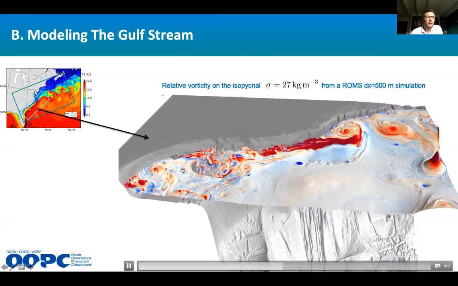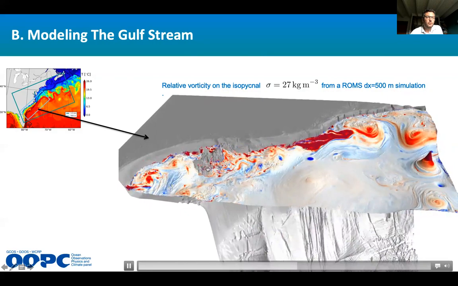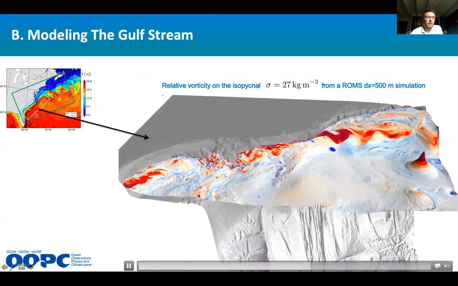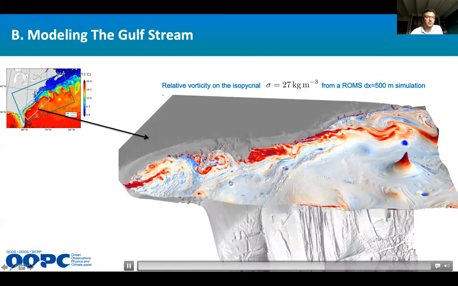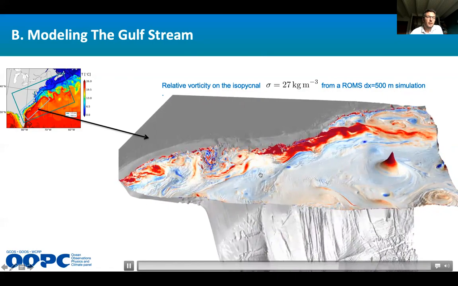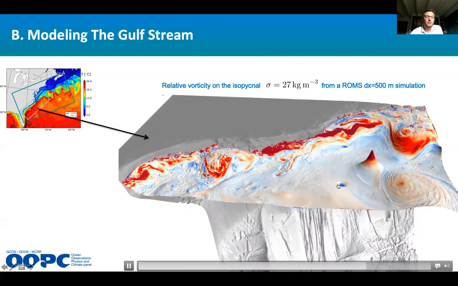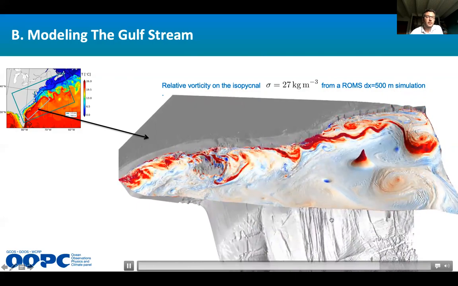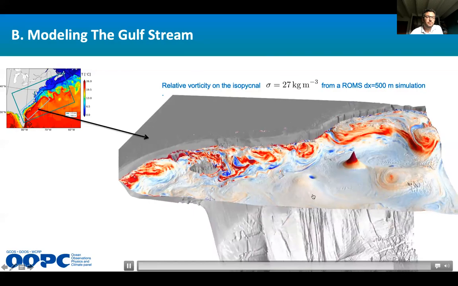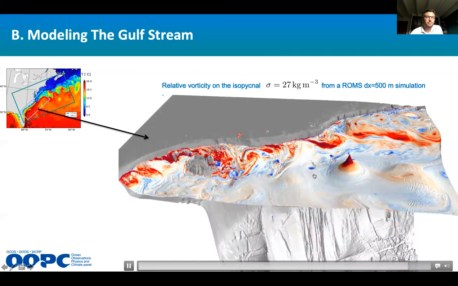It shows in particular a turbulent wake on the lee side of the Charleston bump, which is the gray area here, outcropping the isopycnal at this location, and generation of more sub-mesoscale eddies or mesoscale eddies in the flow.